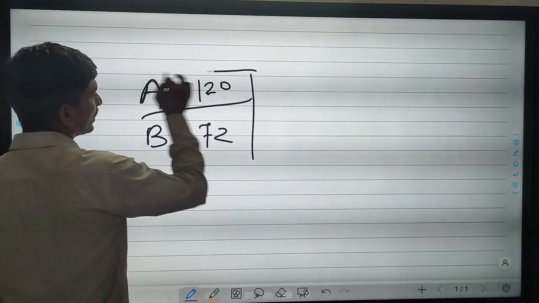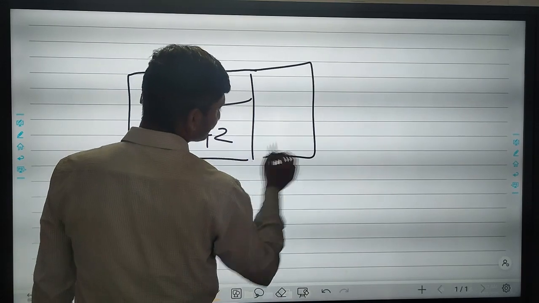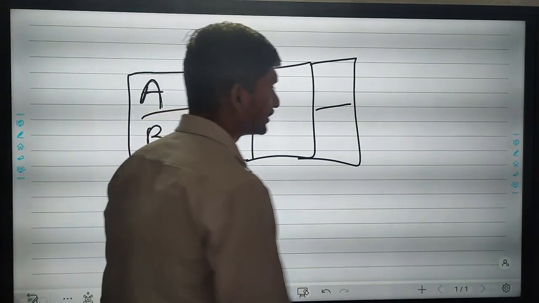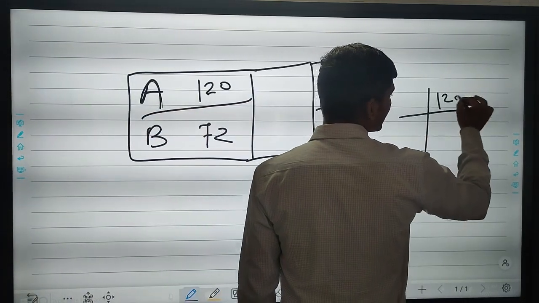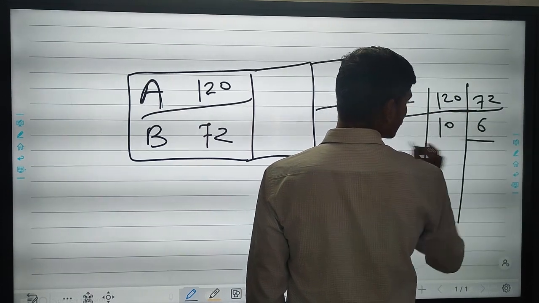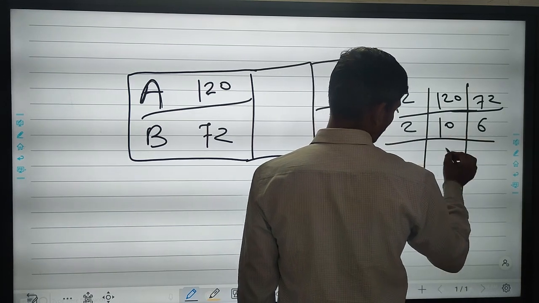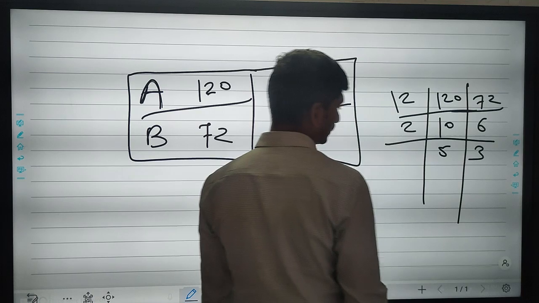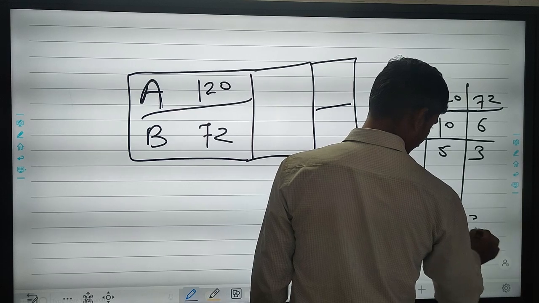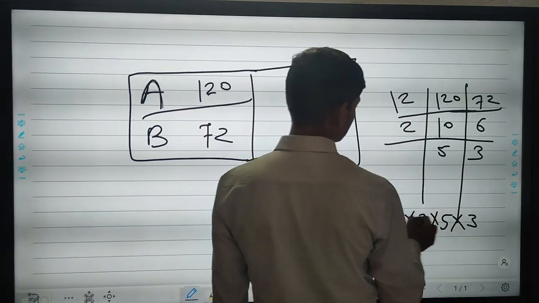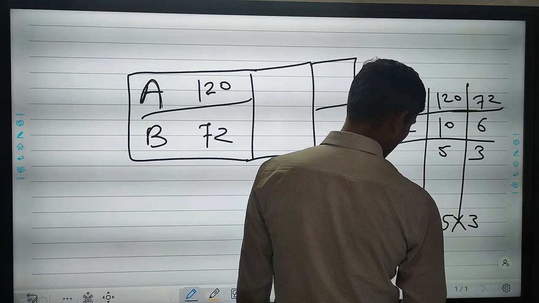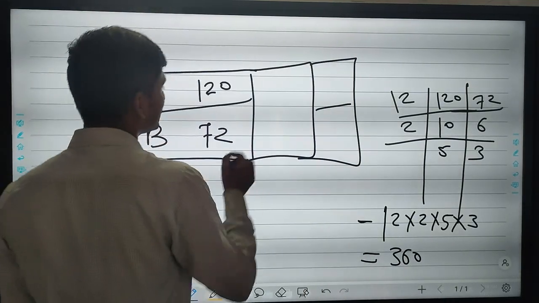Now we calculate the LCM of these two, 120 and 72. The LCM of these two is 360.